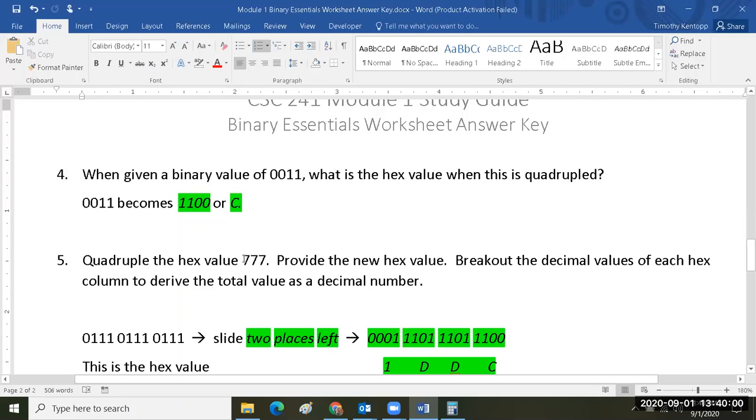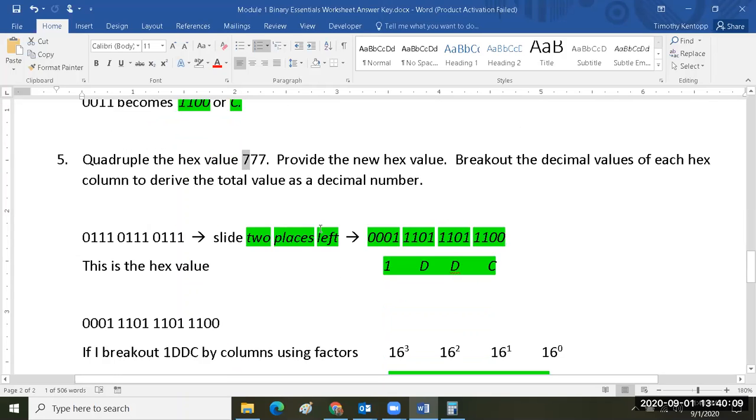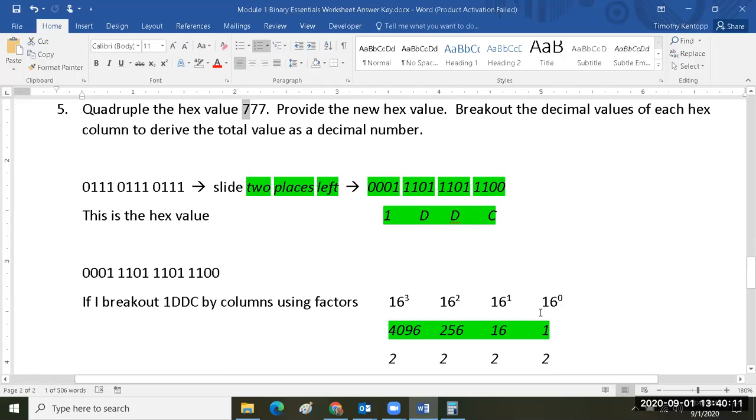This is 16 squared times instead of 10 squared, or 100. So you ask, where do the 16s come from? Because this is base 16, hexadecimal is base 16, I have to multiply by this value, whatever this character is.